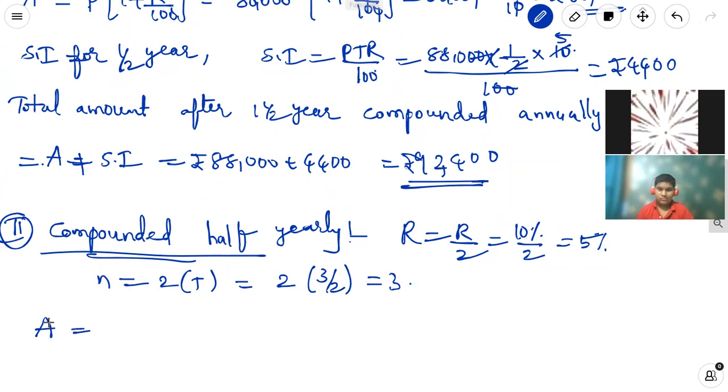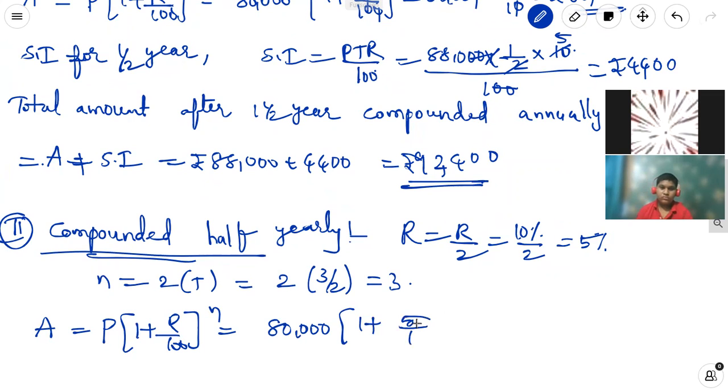Now the amount for 1.5 year, compounded half yearly means principal amount into 1 plus r by 100 whole power n, that is 80,000 is the principal amount, 1 plus rate of interest is 5 by 100 whole power 3.